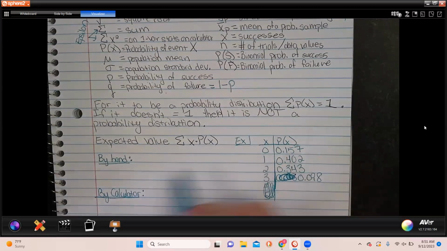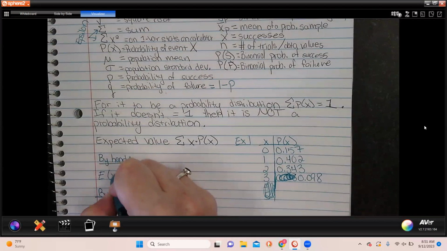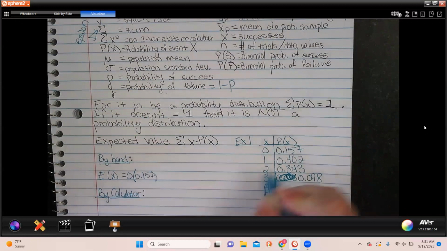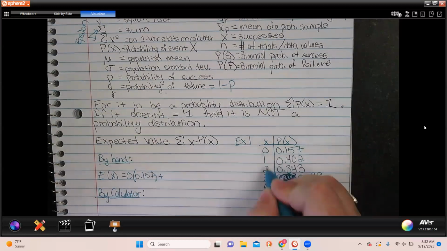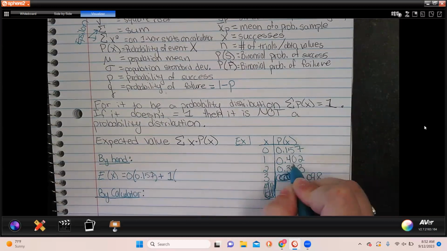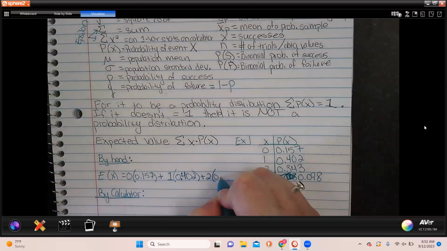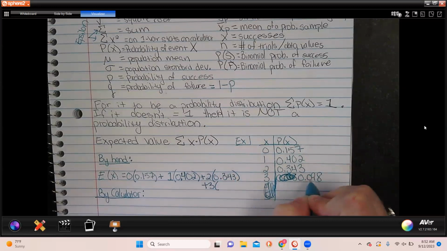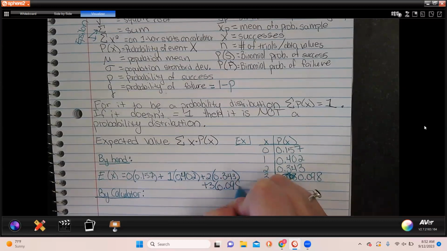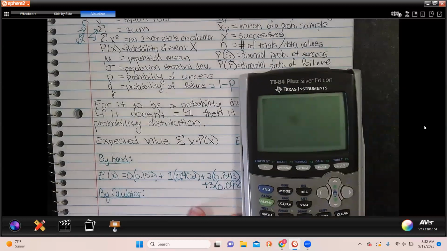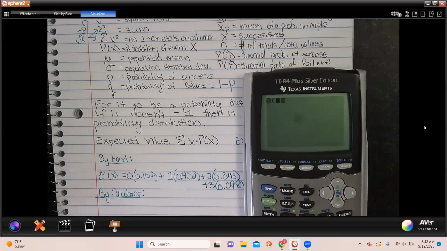So by hand, this expected value, which we call capital E of X, is 0 times 0.157, that's my first line, plus 1 times 0.402 plus 2 times 0.343 plus 3 times 0.098. Then I plug all of this into a calculator, and it should tell me the expected value.